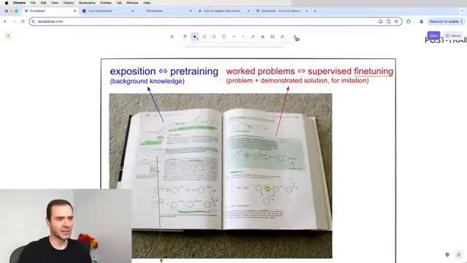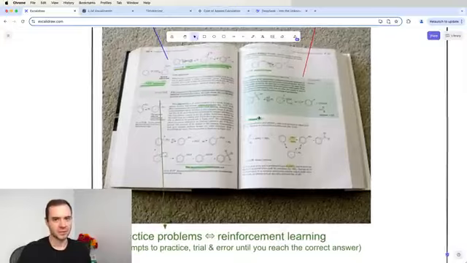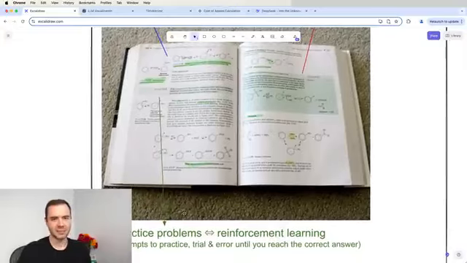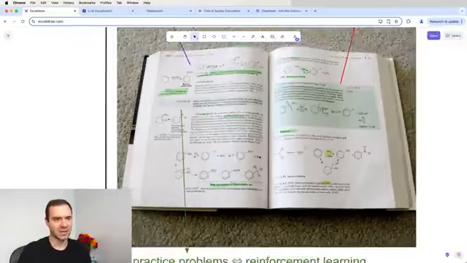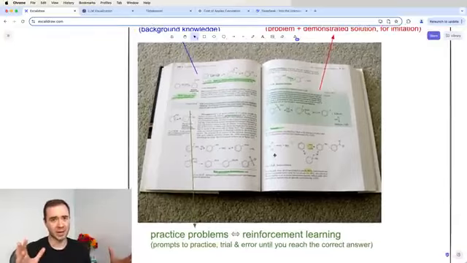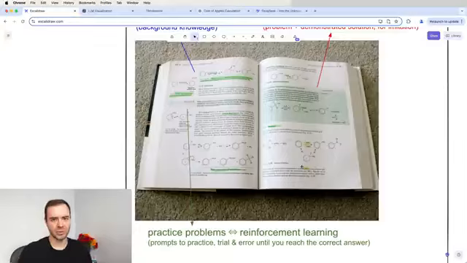So basically we've already done pre-training, and we've already covered this imitation of experts and how they solve these problems. The third stage, reinforcement learning, is basically the practice problems. Sometimes you'll see just a single practice problem here, but usually there will be many practice problems at the end of each chapter in any textbook. Practice problems, of course, are critical for learning, because what are they getting you to do? They're getting you to practice yourself and discover ways of solving these problems yourself.